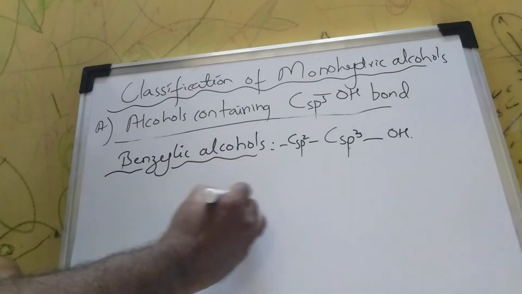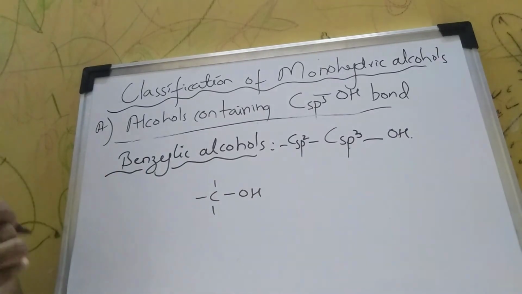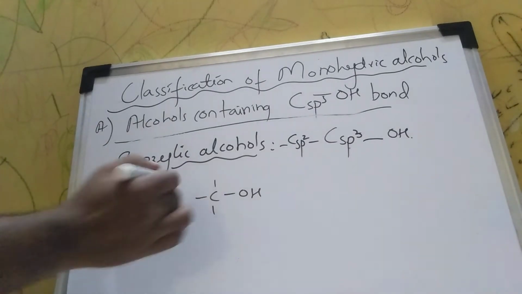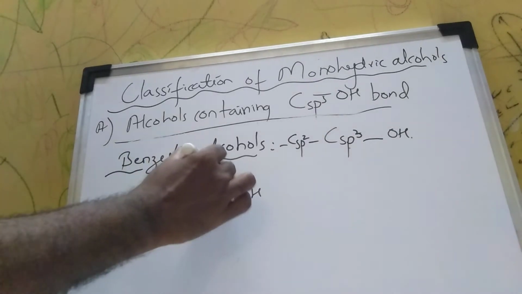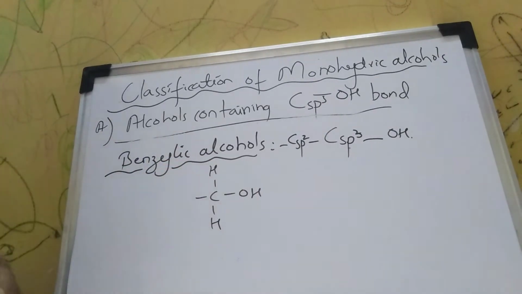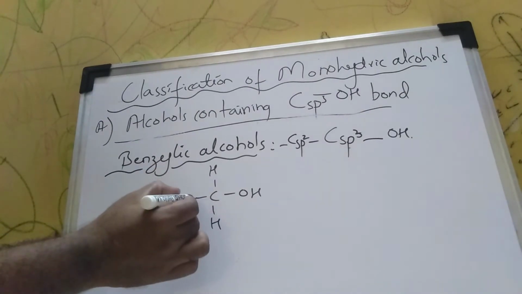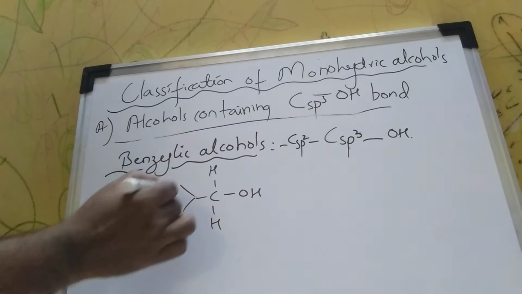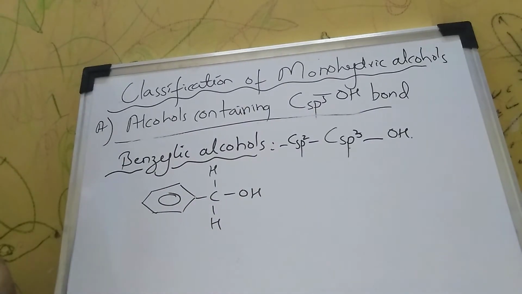For instance, OH, 3 valencies, all the 4 valencies are filled up, meaning this carbon is sp3 hybridized. We will replace this by H, H, and then in turn this is attached to a benzene ring.